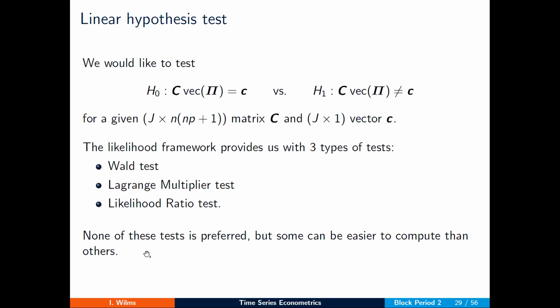But in practice, some might be easier to compute than others, so there might be practical reasons for preferring one test over the other. Let's have a closer look at each of them separately to see which test might be preferred in which situation.